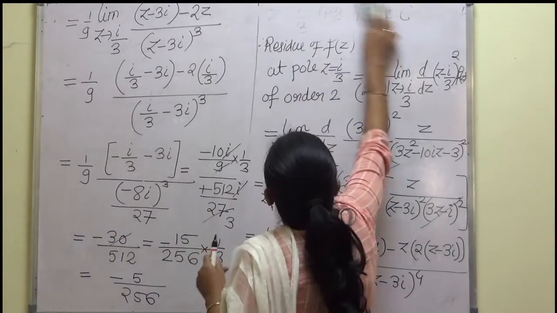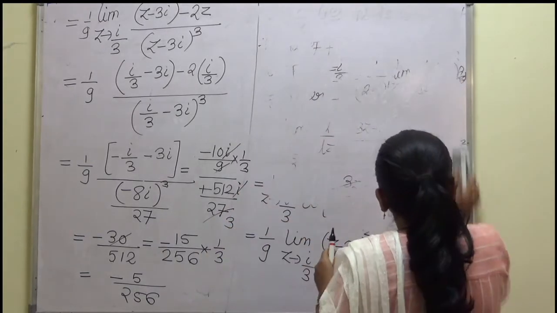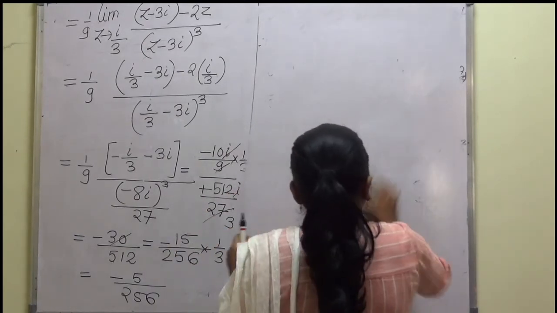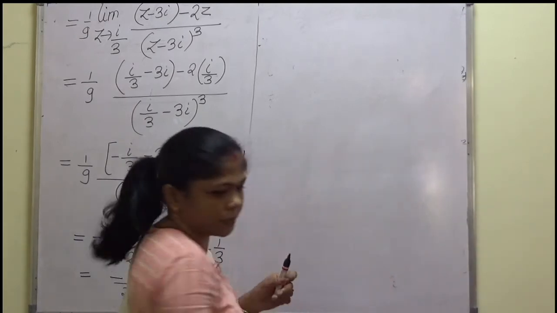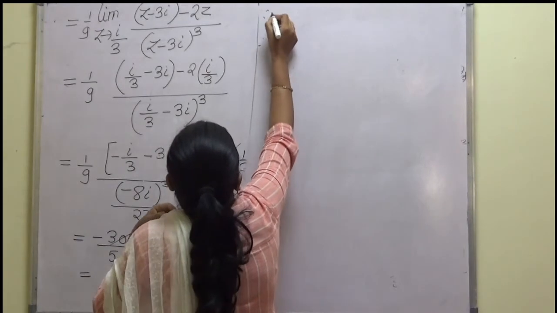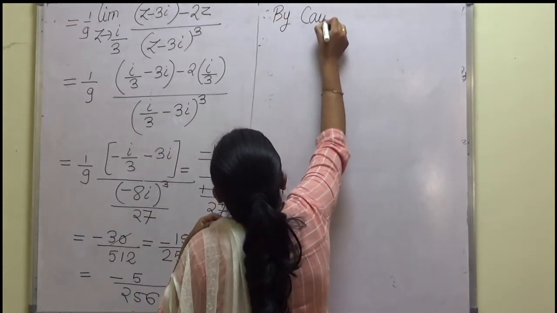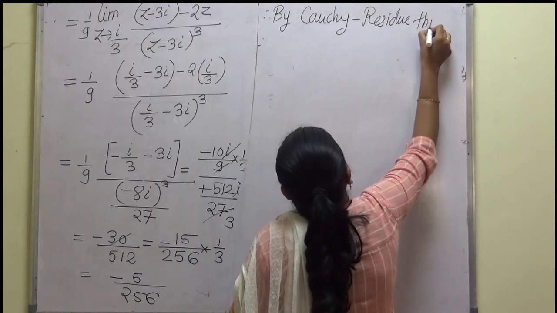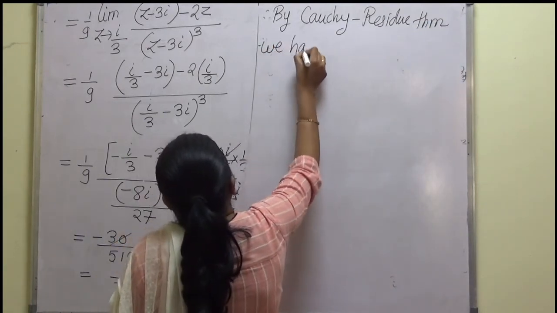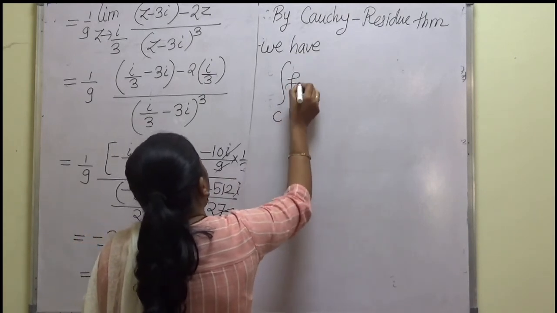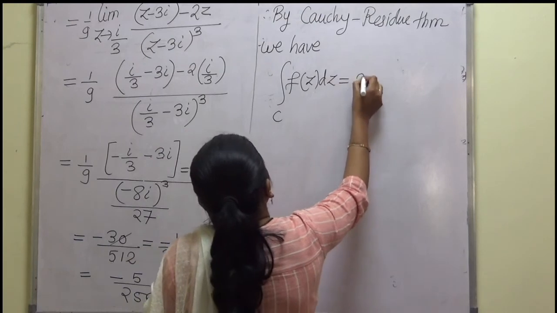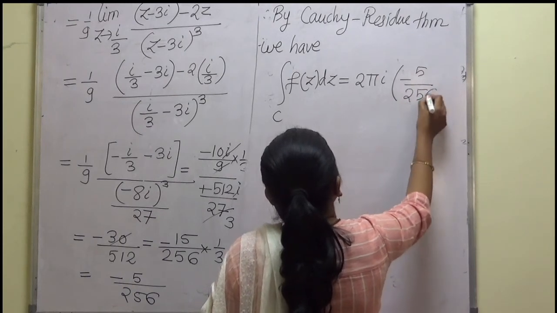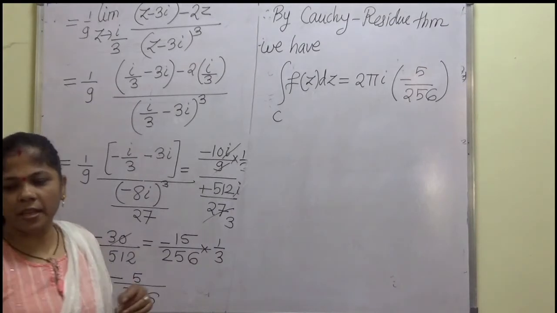Let us apply the Cauchy residue theorem. Therefore, by the Cauchy residue theorem, we have the integral over c of f of z dz equal to 2 pi i times this value, minus 5 by 256. Simplify this.